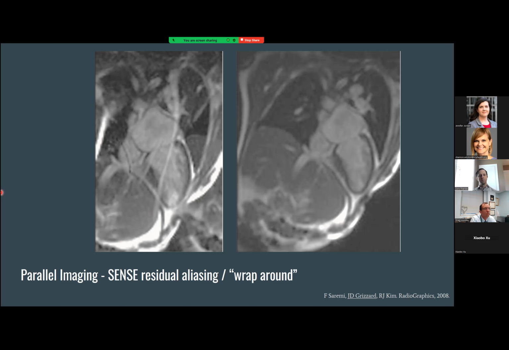So to remove the aliasing artifacts, we really just need to increase the size of our field of view. You can also increase your phase encoding steps, which may help. And really, we want the location of this artifact just to be outside of our area of interest.